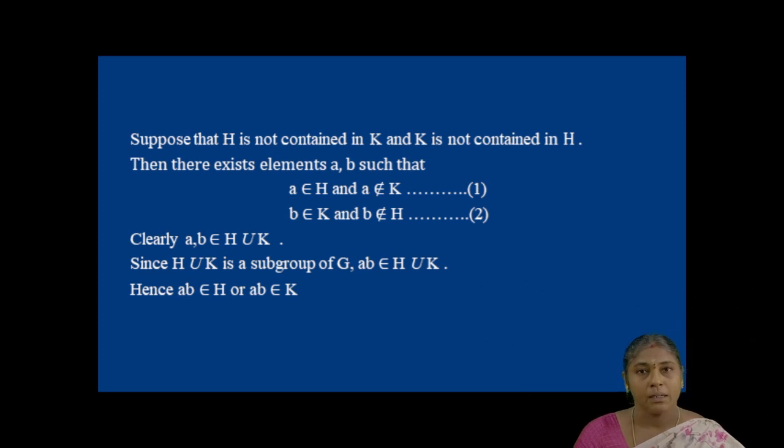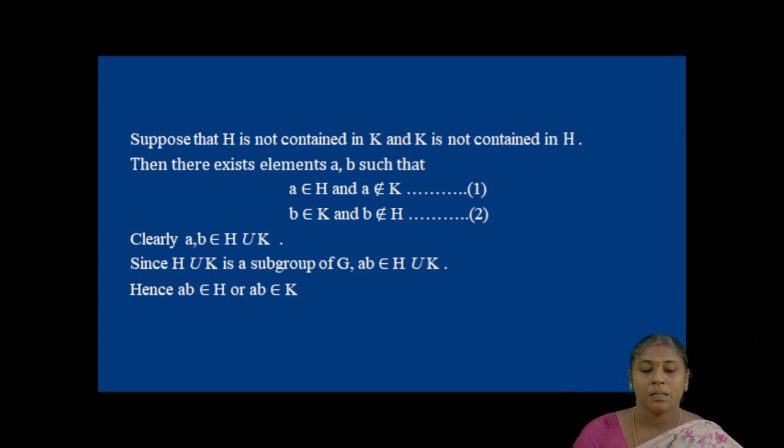Now clearly A, B belong to H union K, because A and B both elements belong to the union of two subgroups H and K. But we know that H union K is a subgroup of G. What does it mean? It satisfies the closure property.